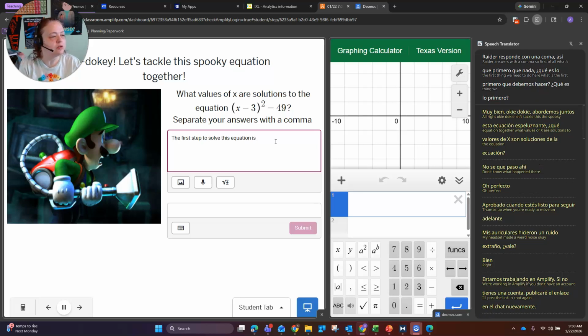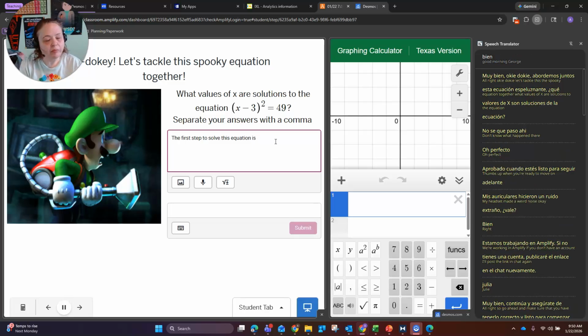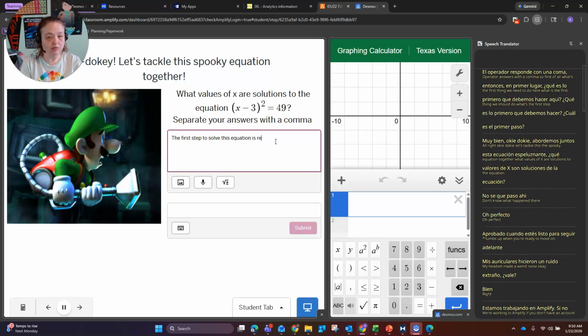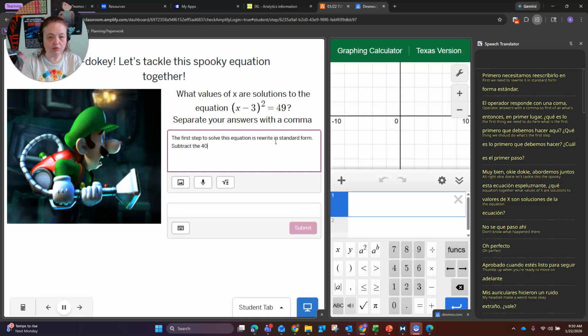Good morning, George. But again, can I plug it into Desmos just as it is? First, we need to rewrite it in standard form. Okay. Subtract the 49 from both sides.